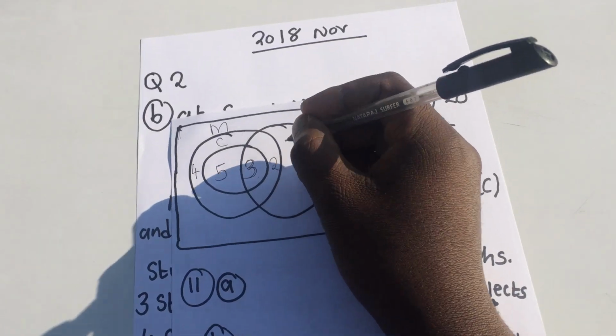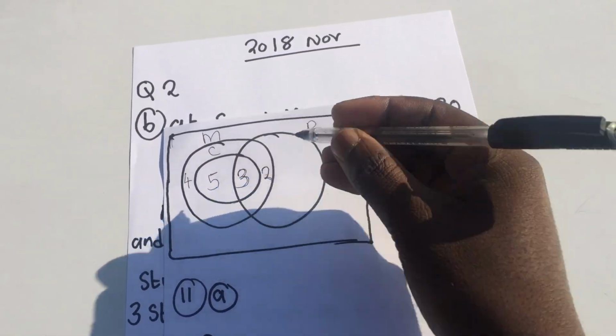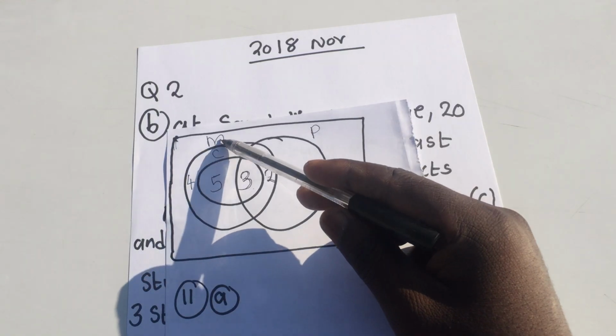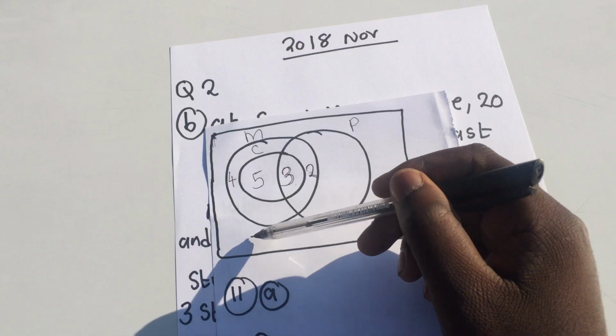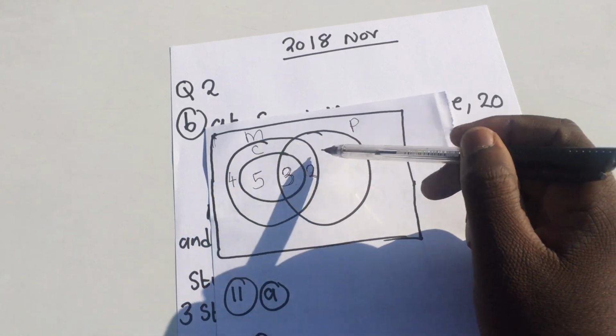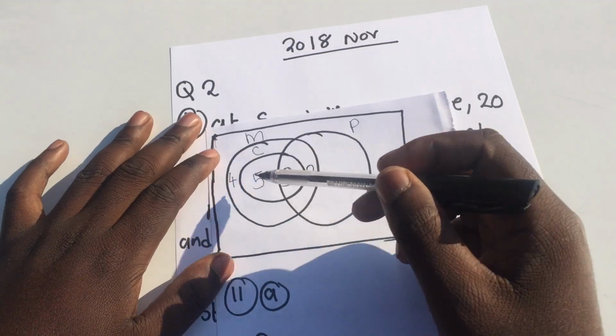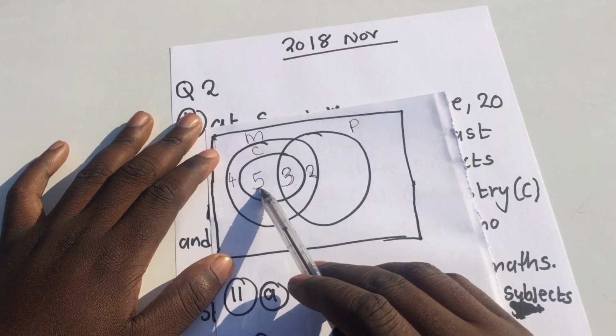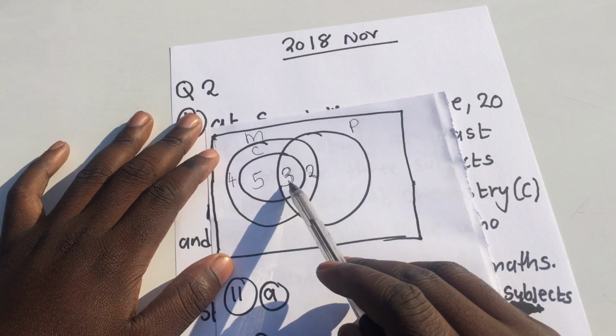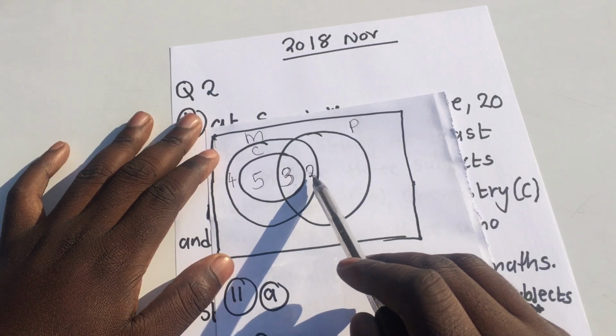So here you put 2. It means the people who study mathematics and physics, they are 2. So that when you add all these numbers, it should give you 14. So let's see. 4 plus 5, 9. 9 plus 3, 12. 12 plus 2, 14.